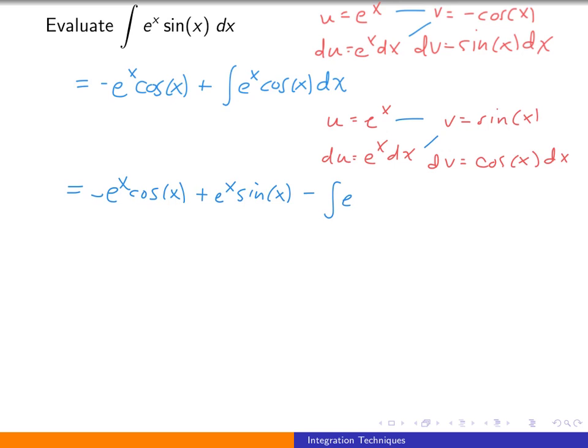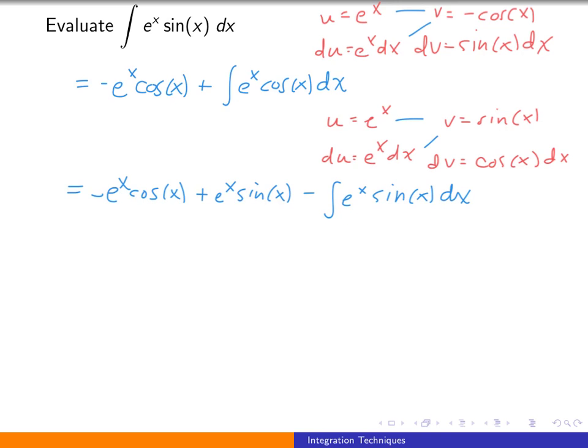So the antiderivative of e to the x sine x dx. So now after applying integration by parts 2 times, the resulting integral we have is, well, exactly the same as the one that we started. So the integral of e to the x sine x dx is equal to this algebraic expression minus that same integral.